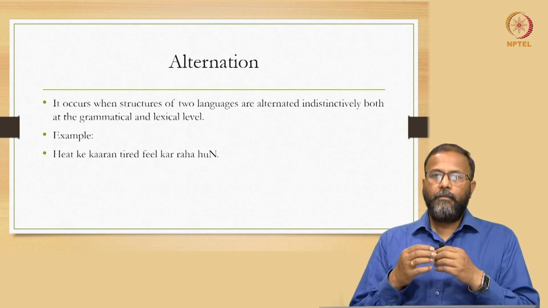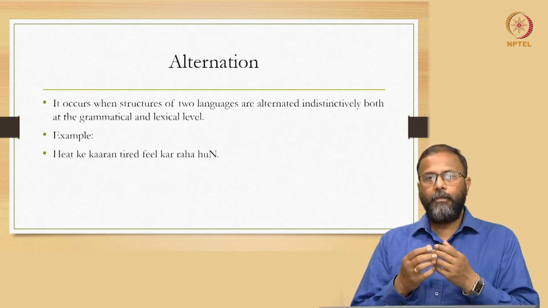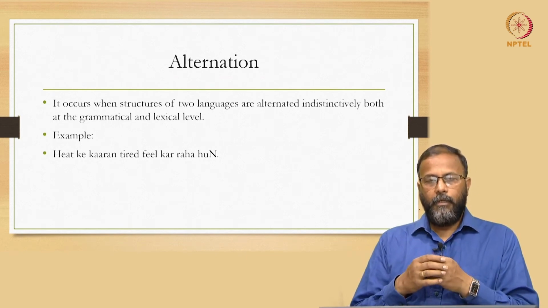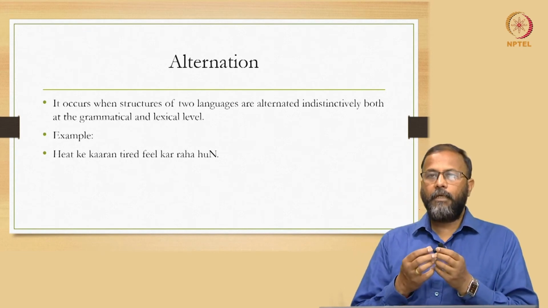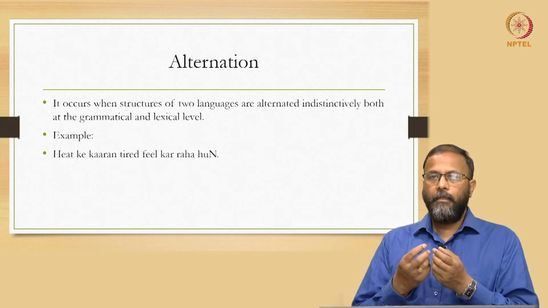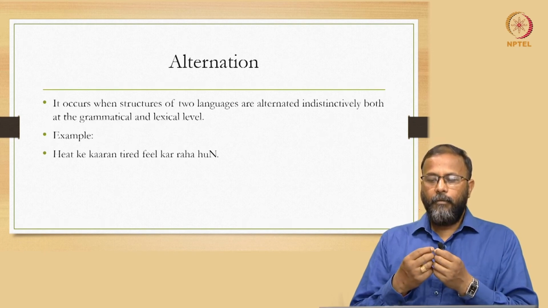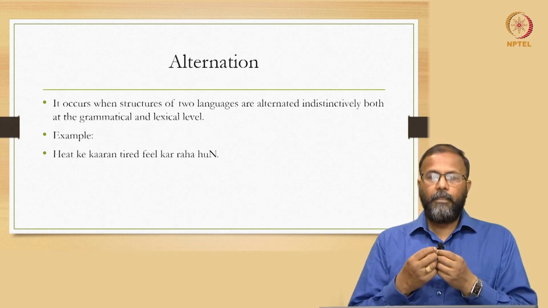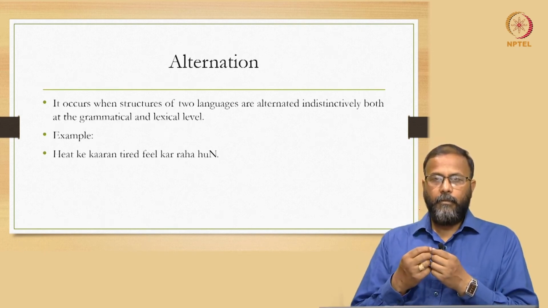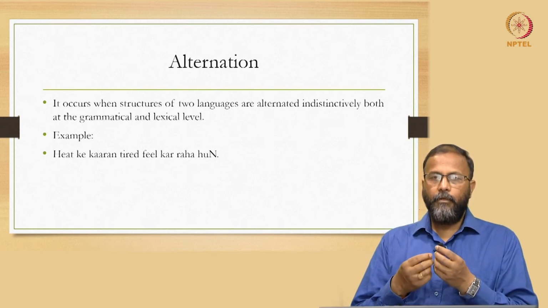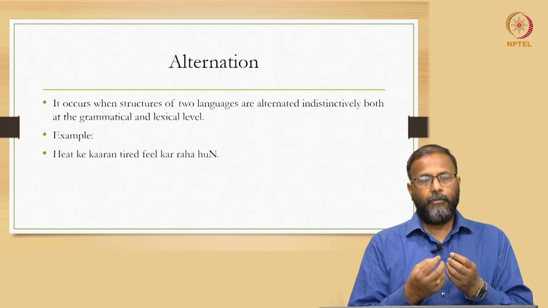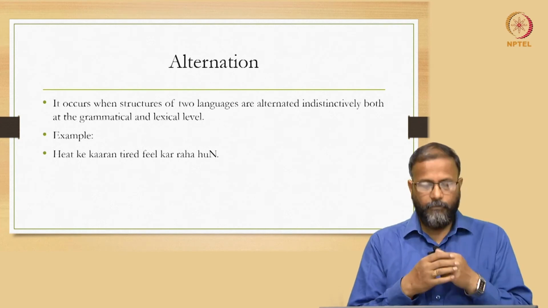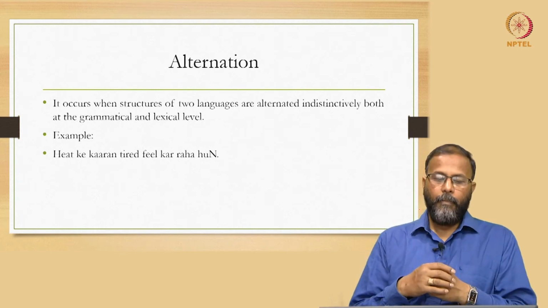The second pattern is alternation. Alternation occurs when the structures of two languages are alternated indistinctively, both at the grammatical and lexical level. Let's have an example.